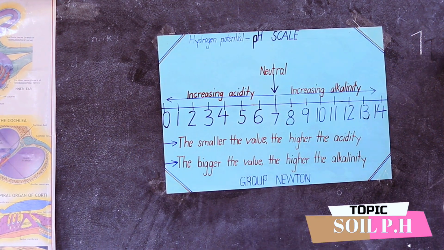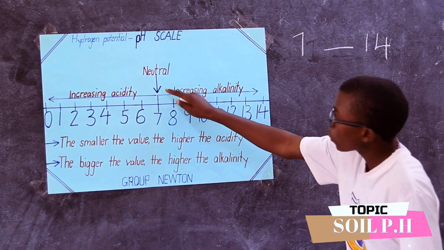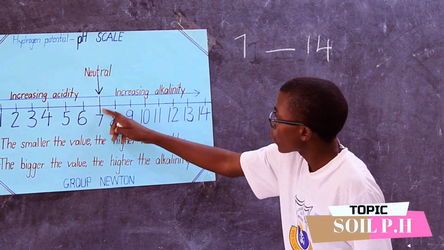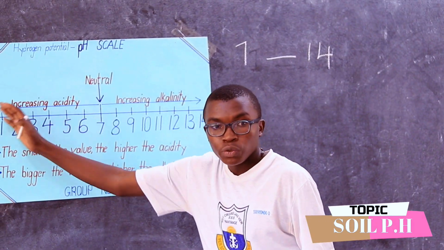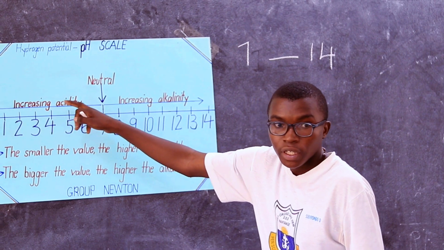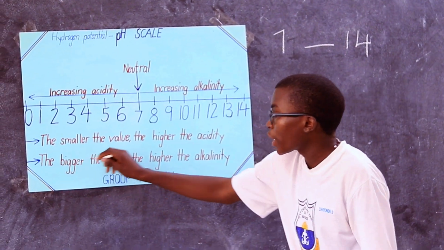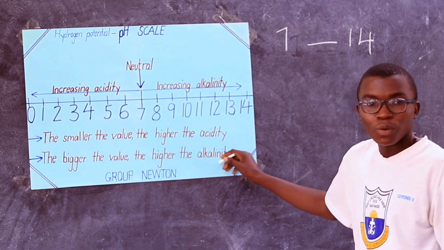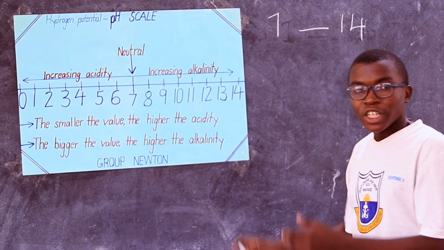Beginning from 7 to 14, these values here, as you can see on our pH scale, show increasing alkalinity. And from 7 going below towards 0, we have increasing acidity, which also means that the bigger the value, the higher the alkalinity.